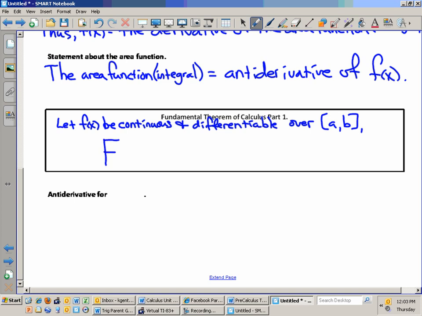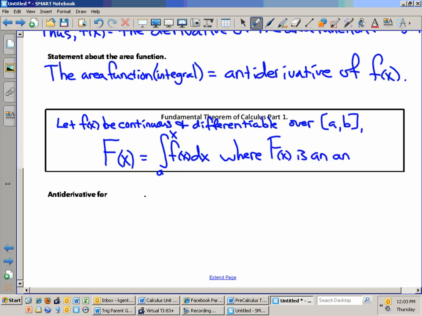This is notation that I choose to use. Your book does not. Large F of x is equal to the integral from x to a of f of x dx, where big F of x is an antiderivative of f of x.